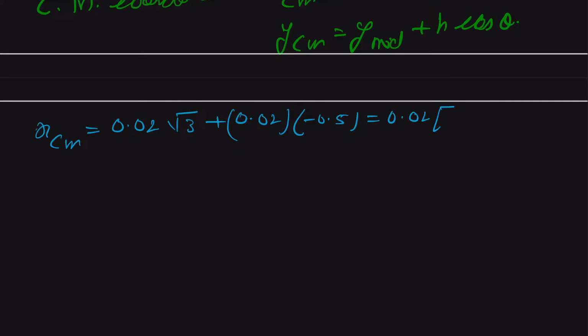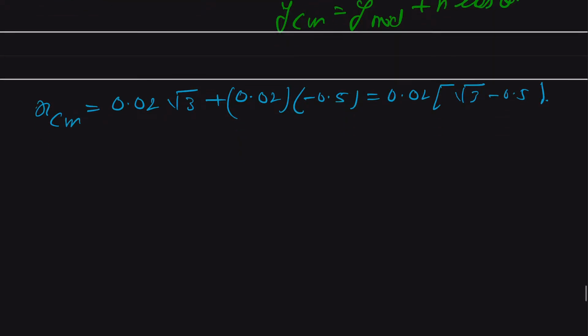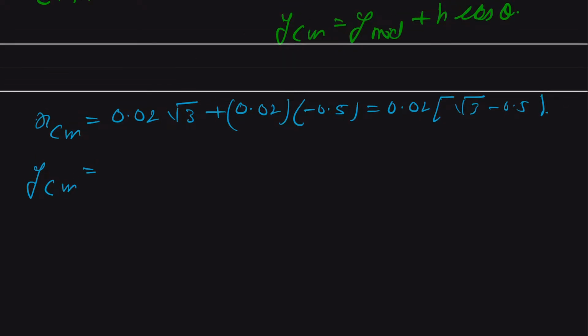We can take as common, so this comes as square root of 3 minus 0.5, and we get our ycm. Ycm will be equal to y mid, which is 0.02 plus 0.02 and cos of theta, that will be our square root of 3 upon 2.